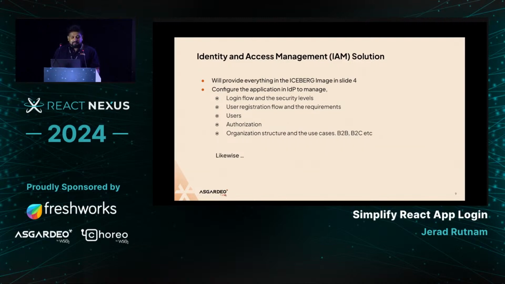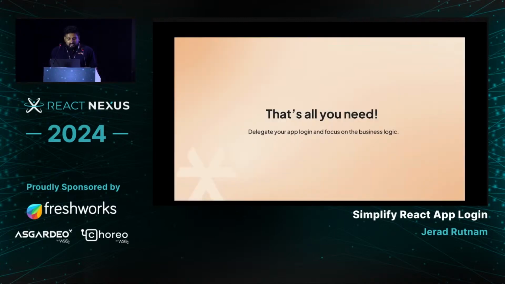You manage all your login flows, like user registration, your users, and authorization, whether you have organization structures like B2B, B2C, anything, all at the identity and access management solution, without worrying about implementing any of those. So that's all you need.